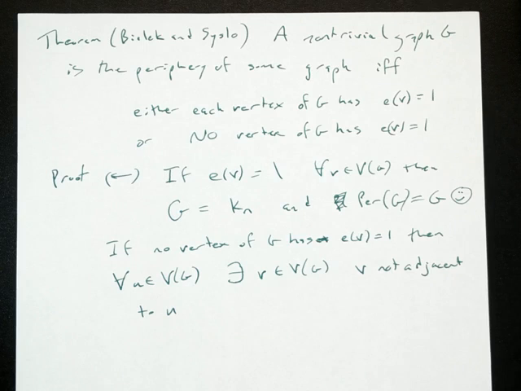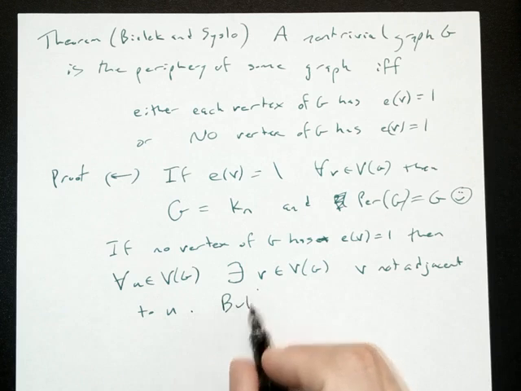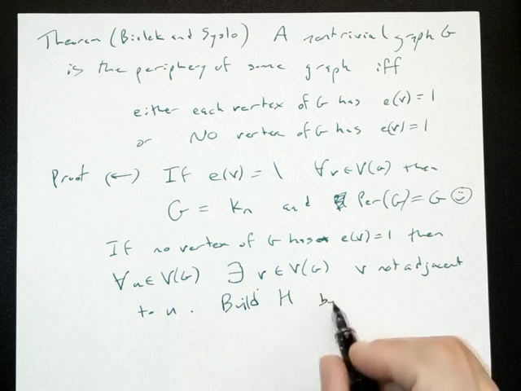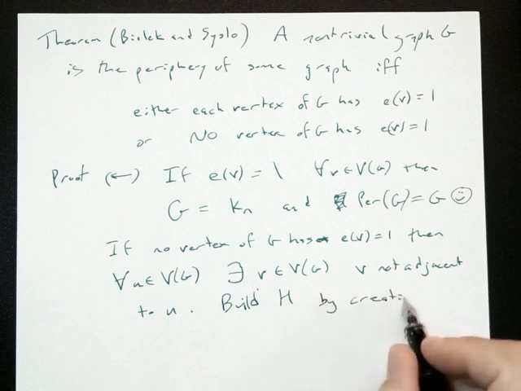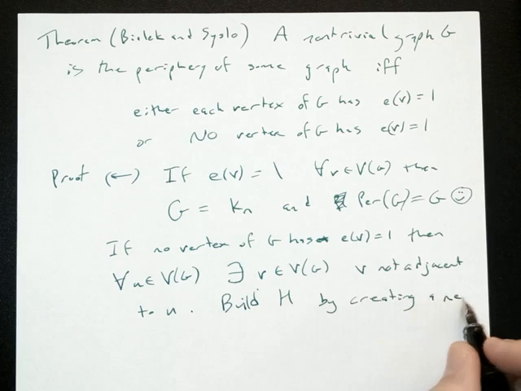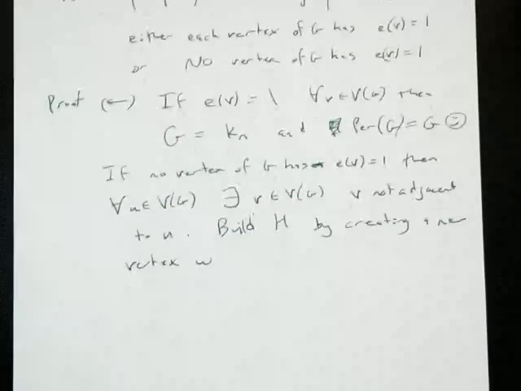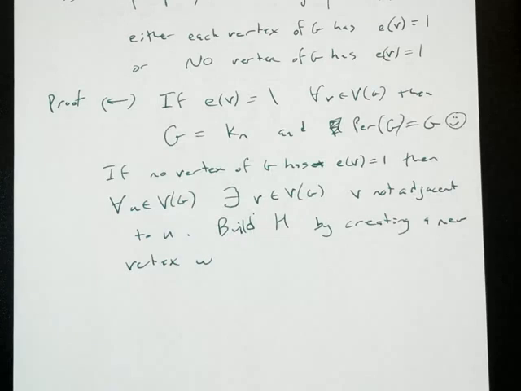I'm going to add one vertex to my graph. I'll call it W. And I'm going to join it to all of the other vertices.